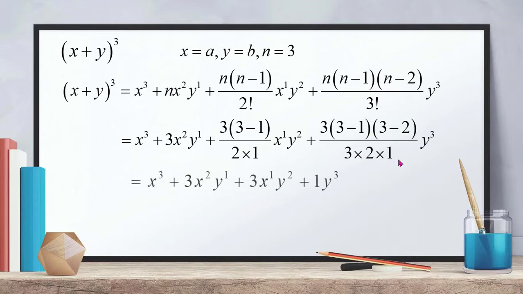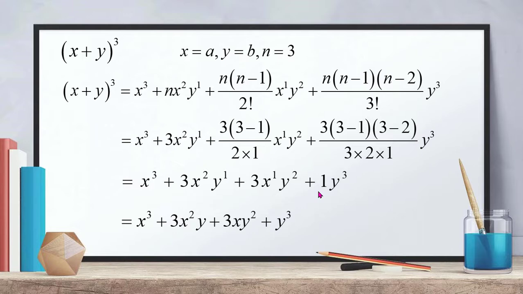In further simplifying, we have x raised to the power 3, plus 3x squared y to the power 1, and then 3 multiplied by 2 divided by 2, which simplifies to 3. And here we've got 3 times 2 times 1 divided by 3 times 2 times 1, which cancels to 1.